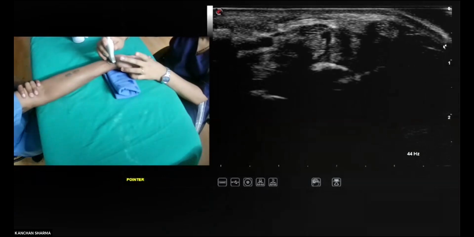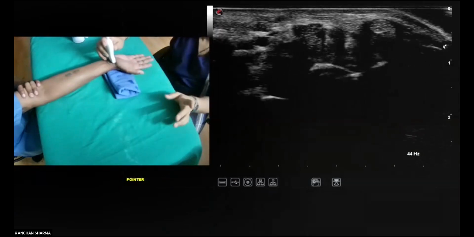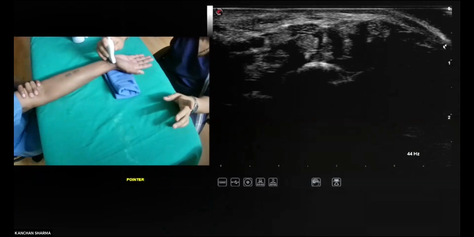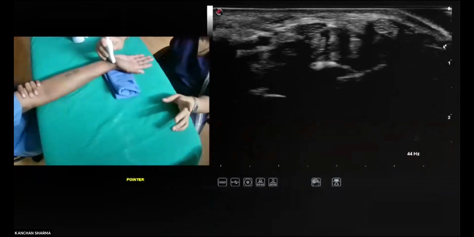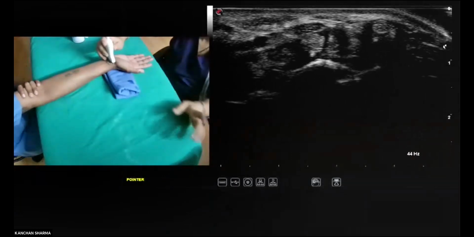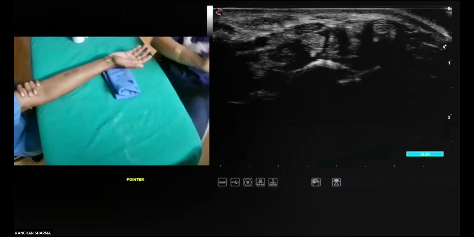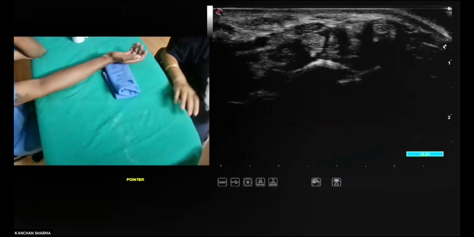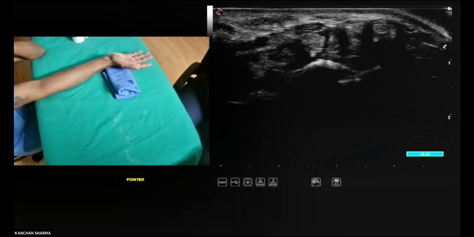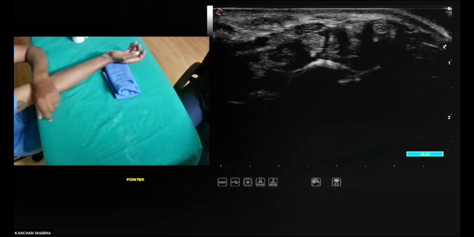I'll just show you the median nerve first, because I told you he has got a little bit of curvature difficulty. For me it is fine because I know, but when you are learning, it is a little difficult. What you need to see here, when we are putting the probe, is just look at the structures, and then I will be showing you things again.